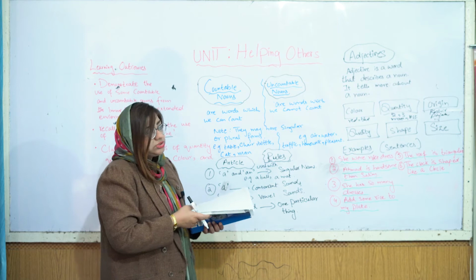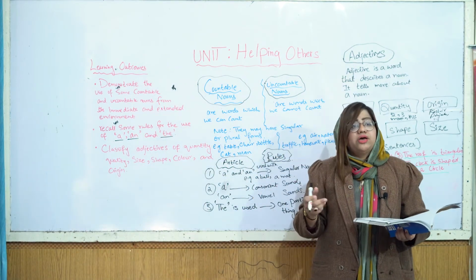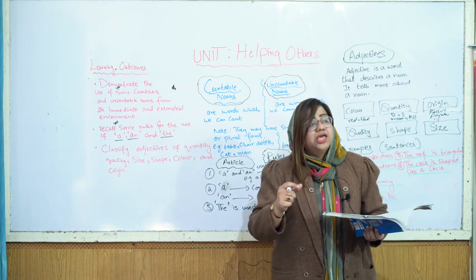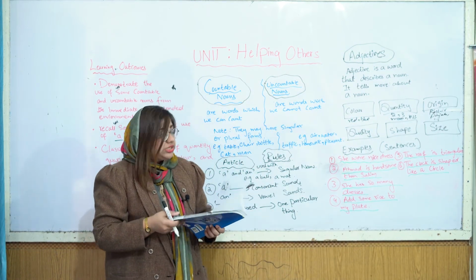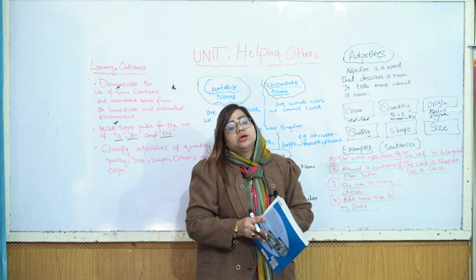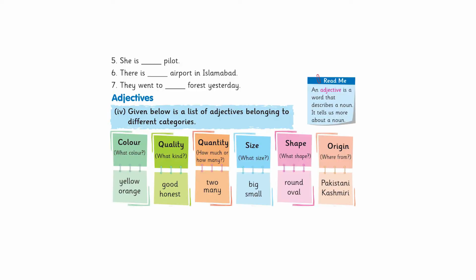Students, look at the concept board. Blue is defining the color adjective. Turkish is defining what? That is origin. Yes. Pretty means it's a quality adjective.